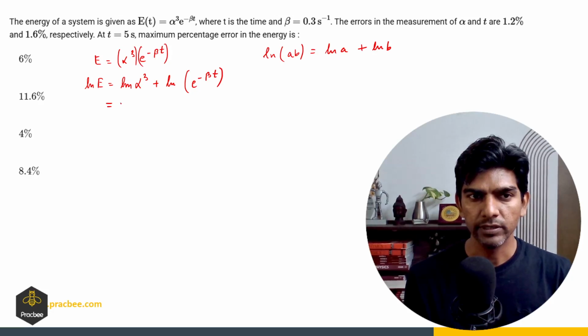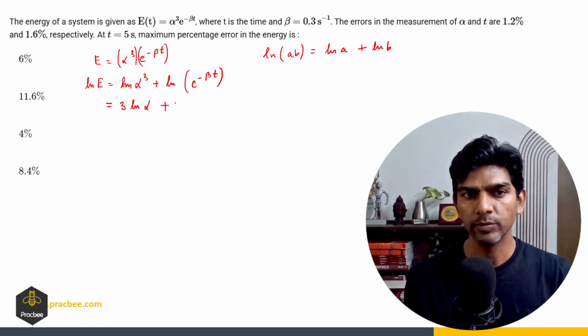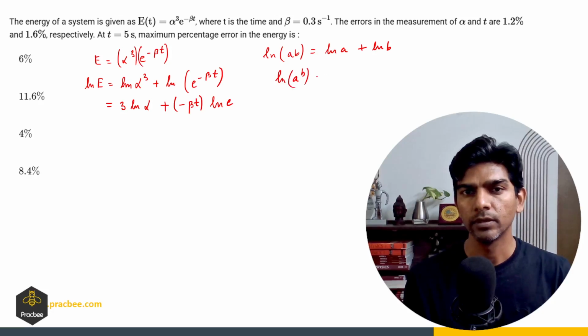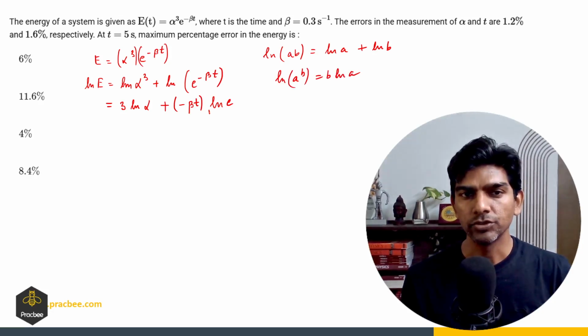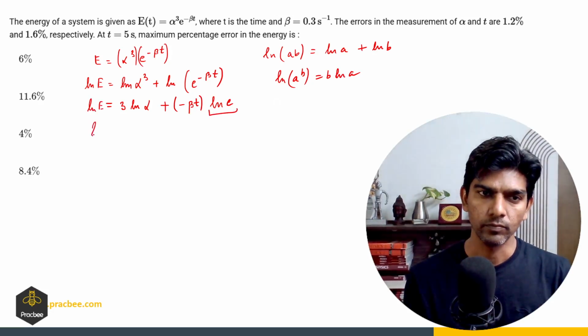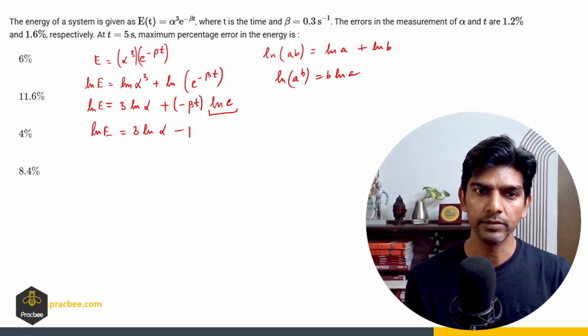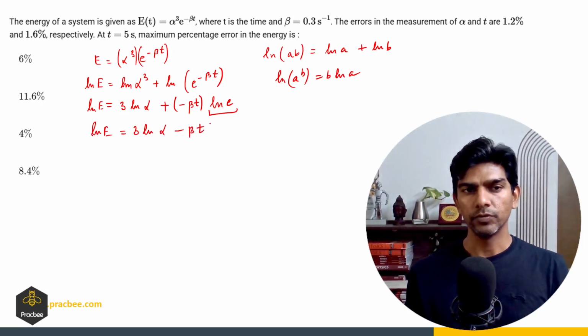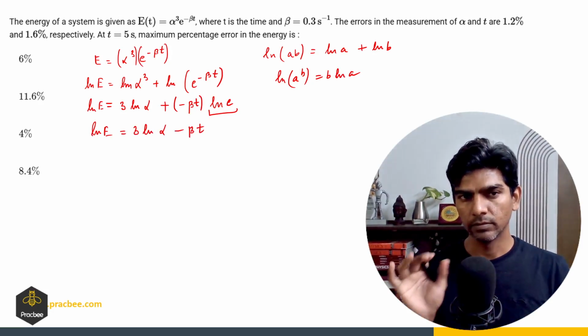This can be written as 3 times ln alpha, and this as minus beta t times ln e. Here I have used the property ln of a raised to power b is b times ln a, and we know that the natural log of e is nothing but 1. So we got ln E equals 3 times ln alpha minus beta t. Now we got a very fine equation.